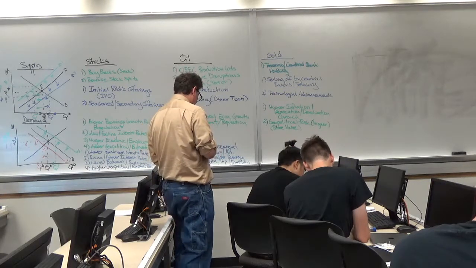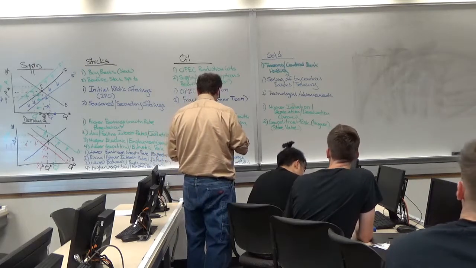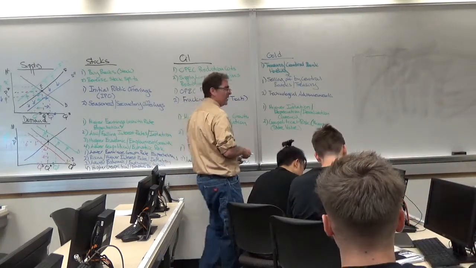What would cause the demand for gold to go down? Can you just turn it around?